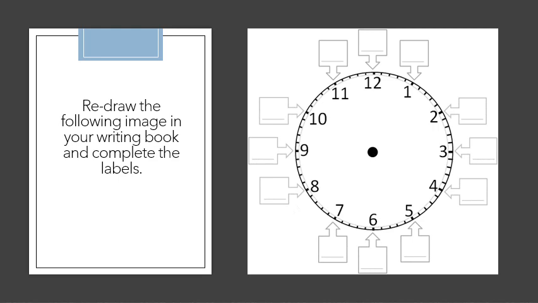Kalau 12 ini apa kita panggil tadi? O'clock. Okay, kalau dia dekat number 1, dia jadi 5 past. Kalau dia dekat number 2, 10 past. Kalau dia number 3, quarter past. Sambunglah 20 past, 25 past, half past.